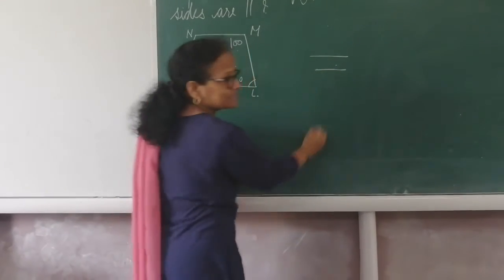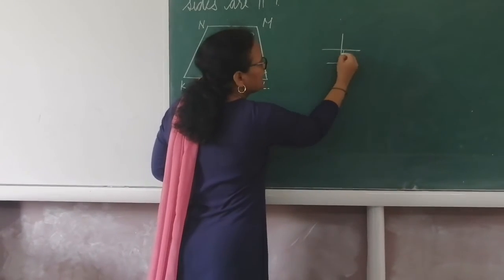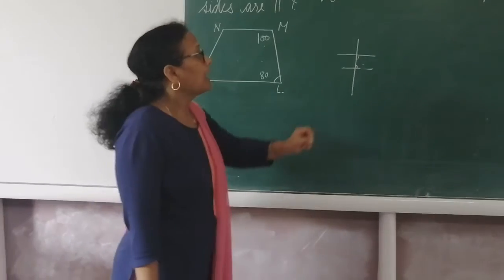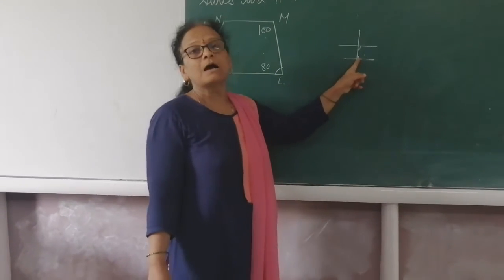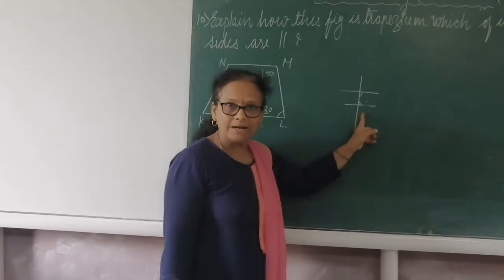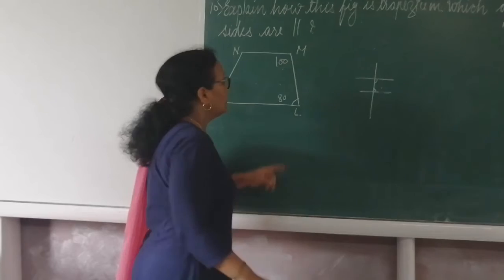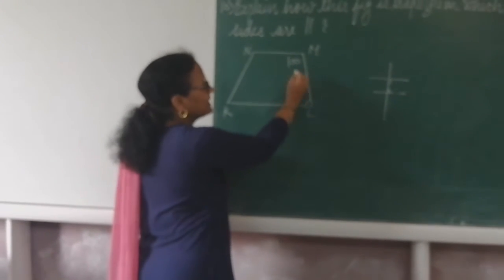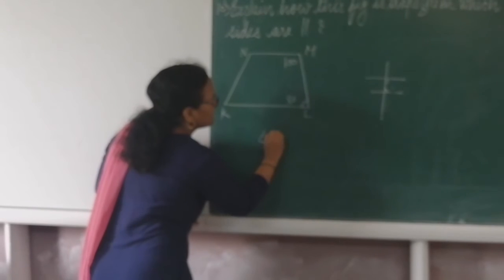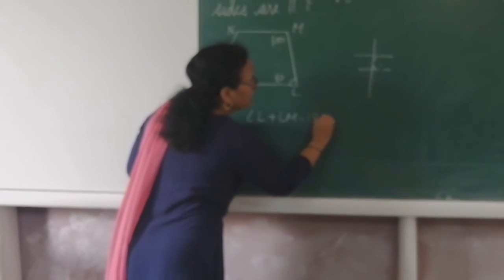See, when two parallel lines are given and you draw their transversal, these two angles are called interior angles, and interior angles are always supplementary. When these two angles are supplementary, we can say that these two lines are parallel. Now here 180 is equal to 180. That means angle L plus angle M is equal to 180.